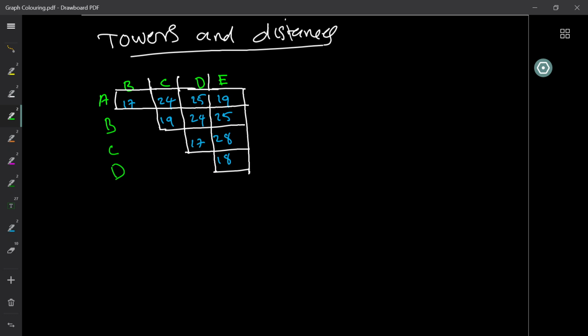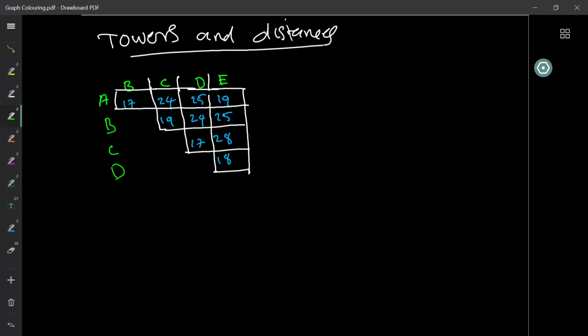So between A and B, the distance is, let's say, 17 kilometers. A and C is 24, A and D is 25, A and E is 19, and so on. So you have this data that is given to you.